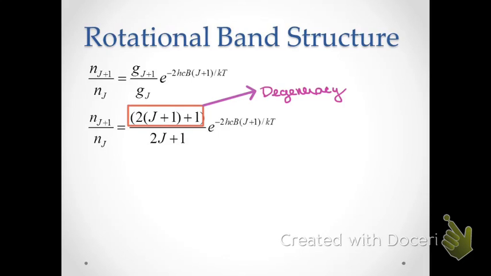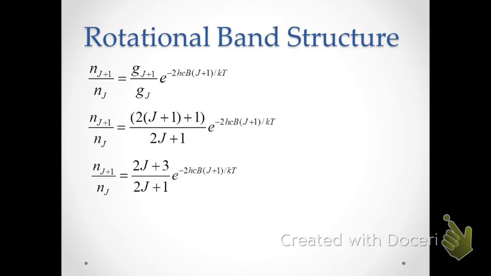And the G terms here represent degeneracies. In this case, the degeneracy, you'll recall, for level J is 2J plus 1. When we work that out for two successive levels J plus 1 and J, we end up with the final expression.